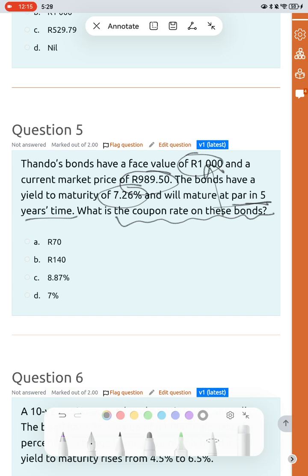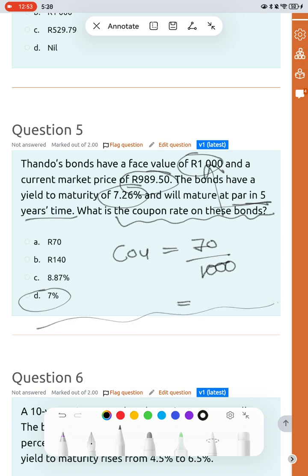Remember, there's a formula: coupon rate equals 70 over 1,000, which would give you 7%. Something inside of me is saying it's wrong. Yeah, so this is the answer.